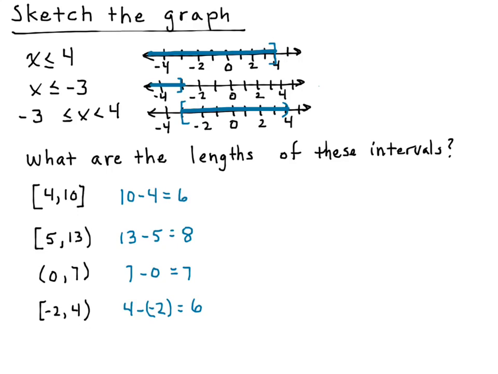So we're talking about this length here. This is going to be 4 minus -2, which is 6. And if you count the units, it's 1, 2, 3, 4, 5, 6. So by treating this negative sign properly, it actually turns out to be adding 4 and 2 to get 6.